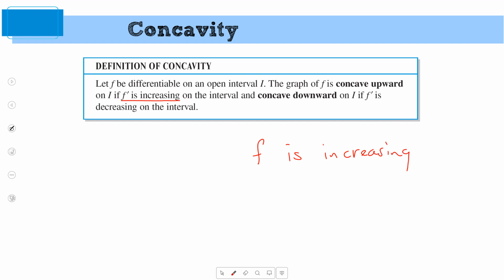How do I determine if f is increasing? You just did this for the last 2 days. Elliot? First derivative test. Keep going.